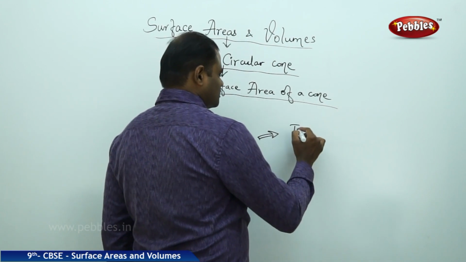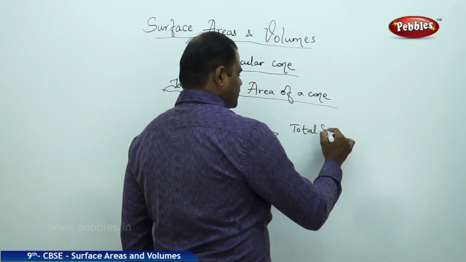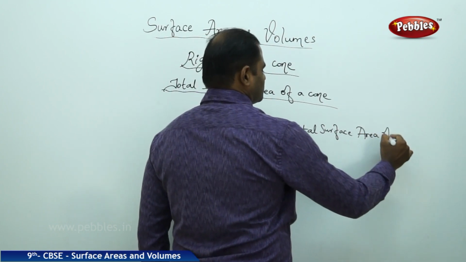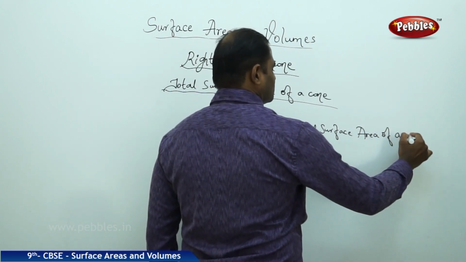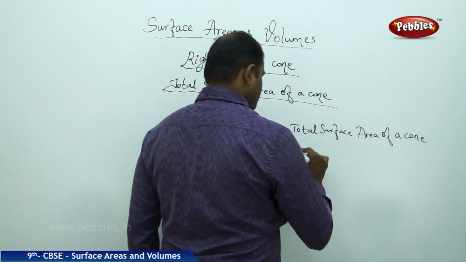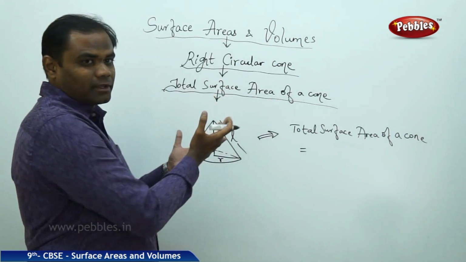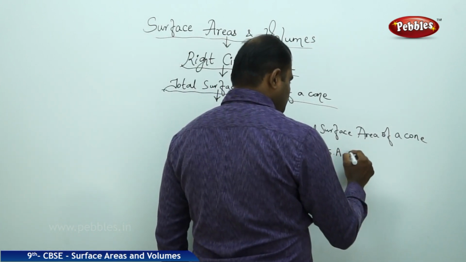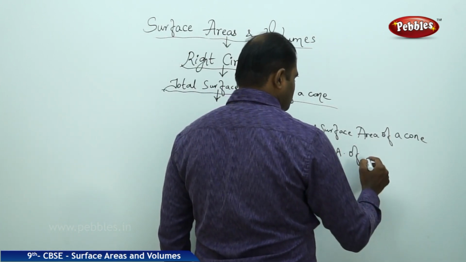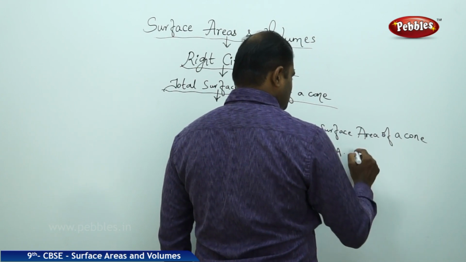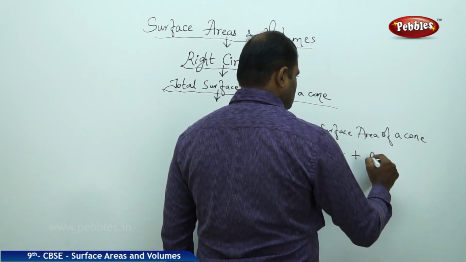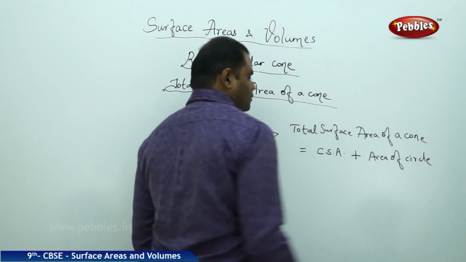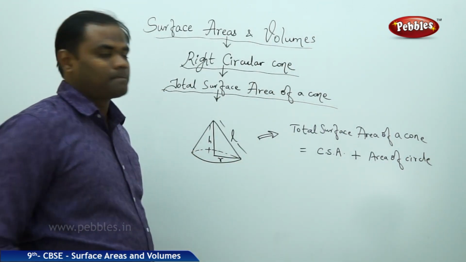Clearly, the total surface area of a cone is nothing but the curved surface area plus the area of the circle, which is obviously the bottom.